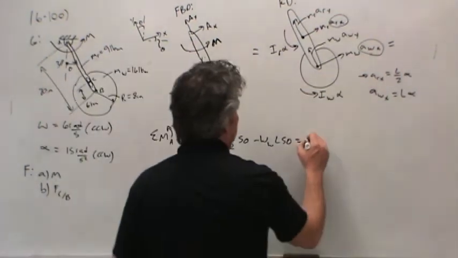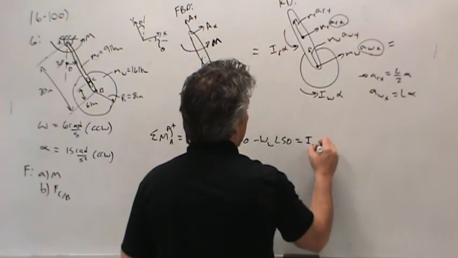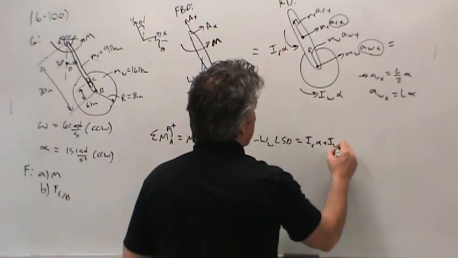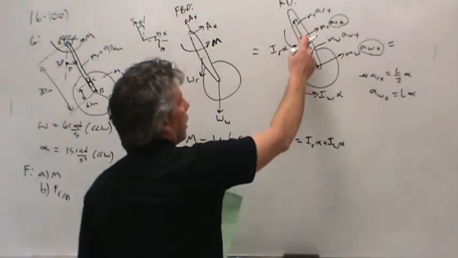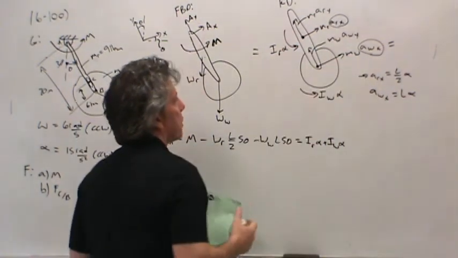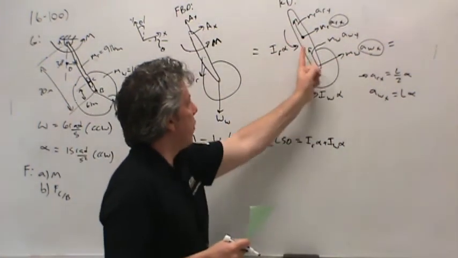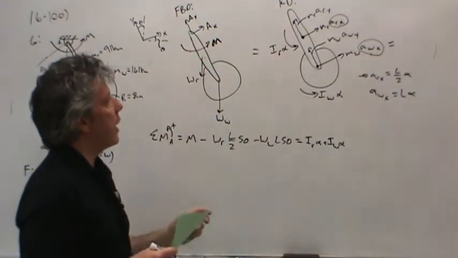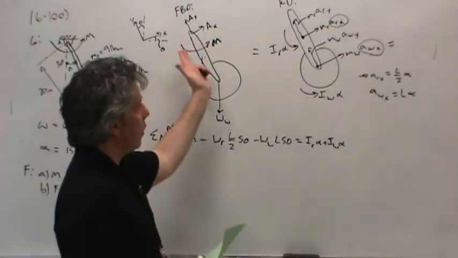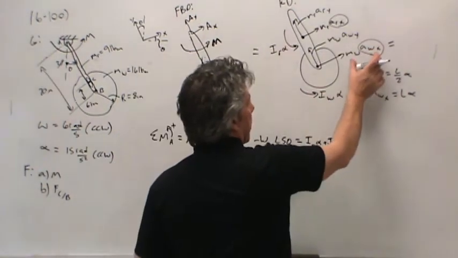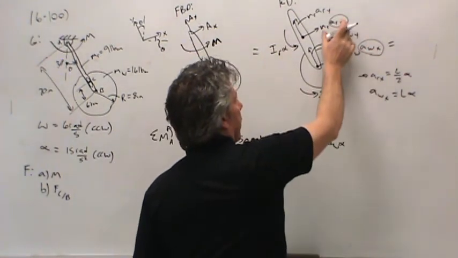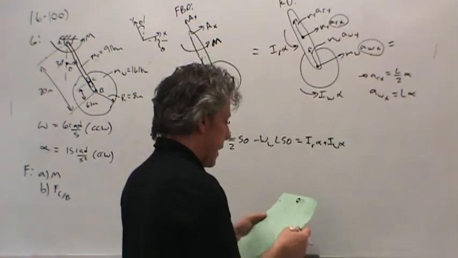On the right-hand side, the easy ones to write are just IR alpha plus IW alpha. That's obvious. But there's also the moment of the dynamic forces. Now, the dynamic forces in the y direction pass right through A, so we won't include those. That was actually the whole reason for rotating the coordinate system. But the dynamic forces MW, AWX, and MR, ARX do cause dynamic moments.